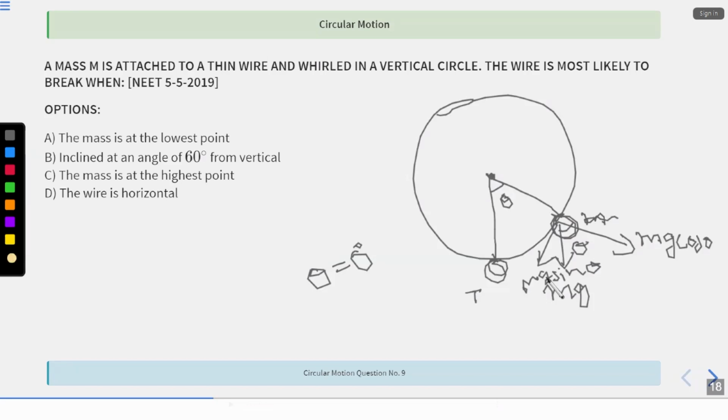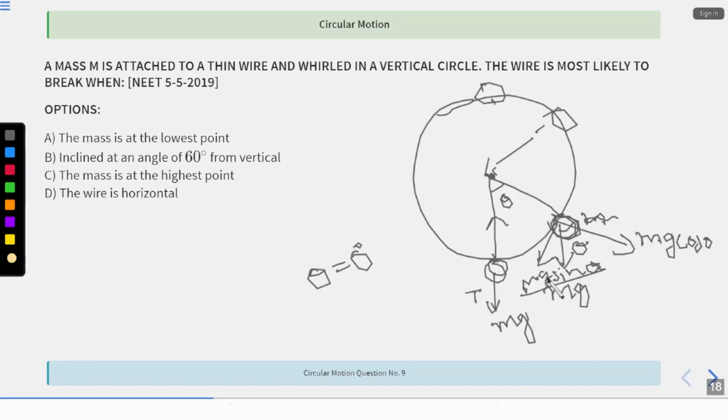Therefore, it is most likely to break when tension at the lowest point is maximum. Okay. Here, there is complete tension because here there is complete mg acting over here. When it's at this point, or let's just say this point, or even this point, there is a part of mg acting on it.